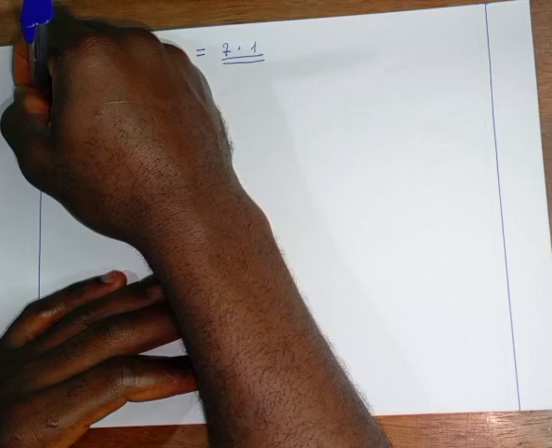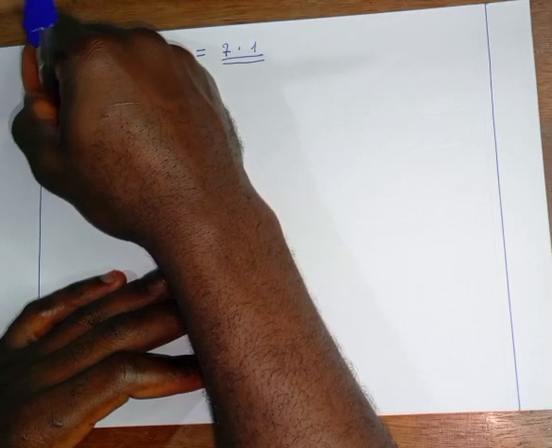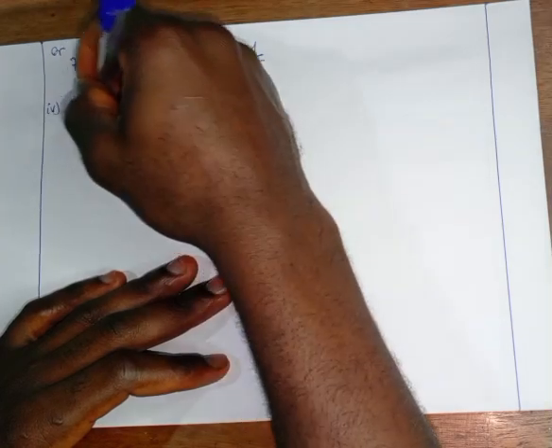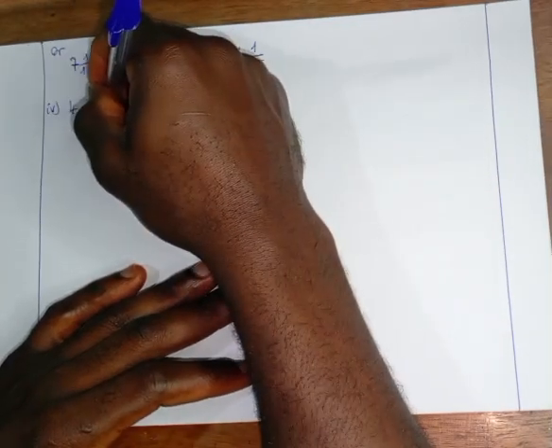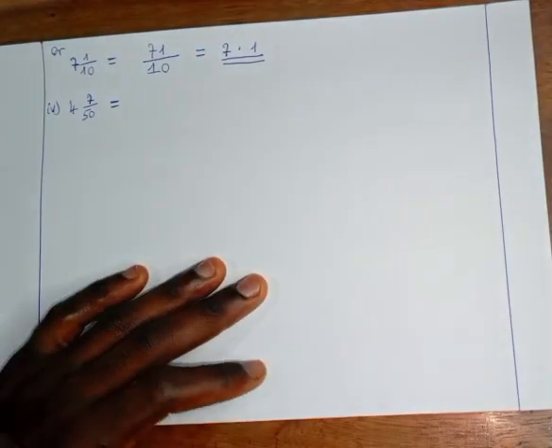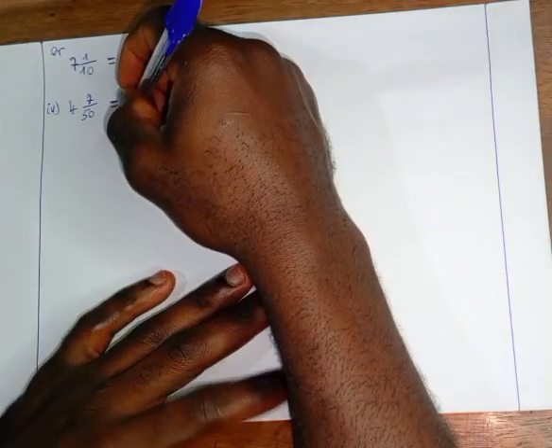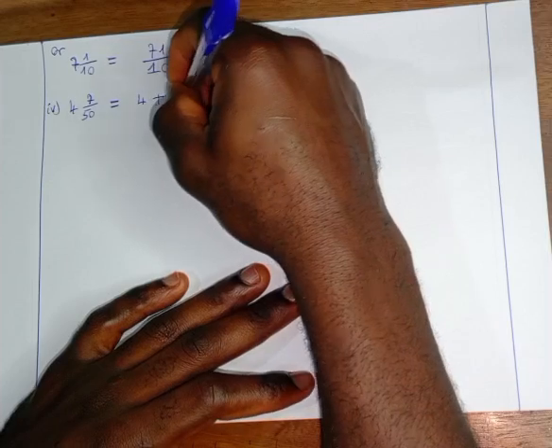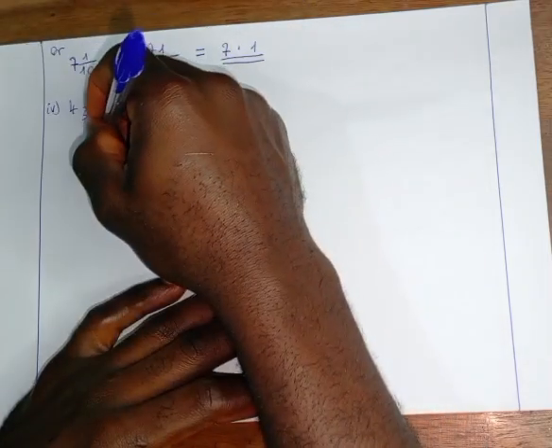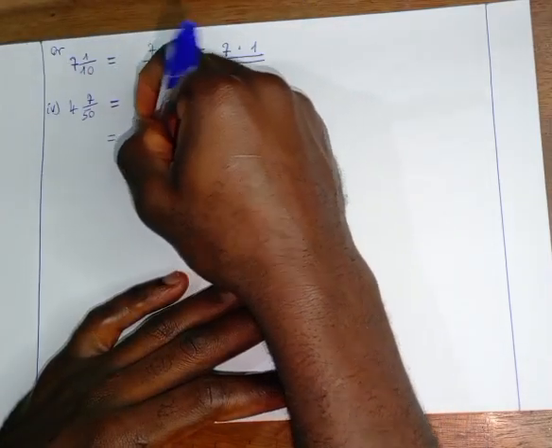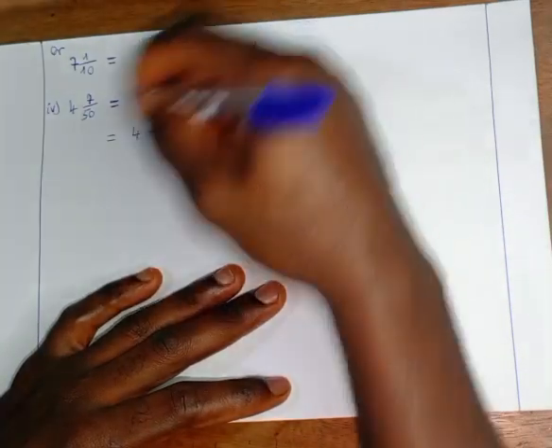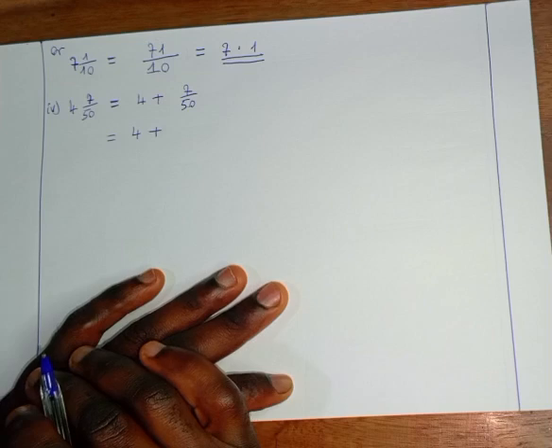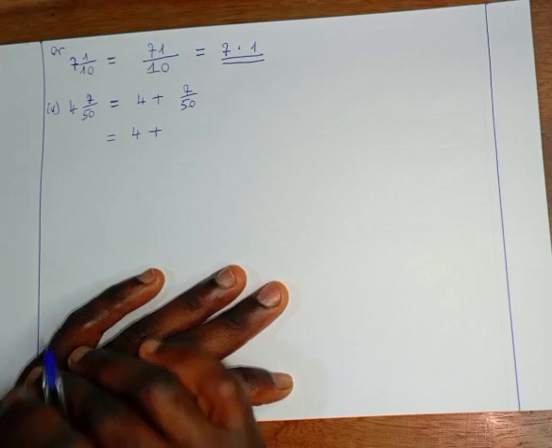Now let's take the next one, IV. We have 4 and 7 over 50. This will simply be equal to, you can write this as 4 plus 7 over 50. Here we need to express it as a decimal fraction. That means a fraction in which the denominator is a power of 10.